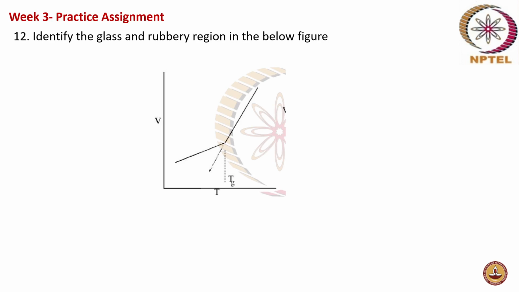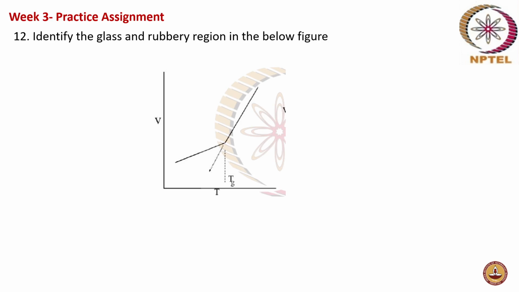So which of these signifies the glassy and rubbery region? And what is separating these two regions? From the figure itself, you can say what is separating the glassy and rubbery region.